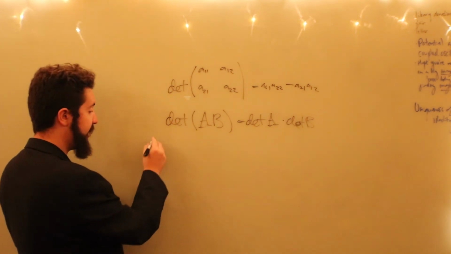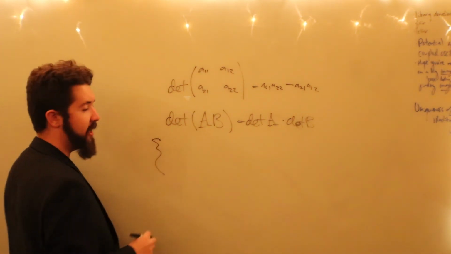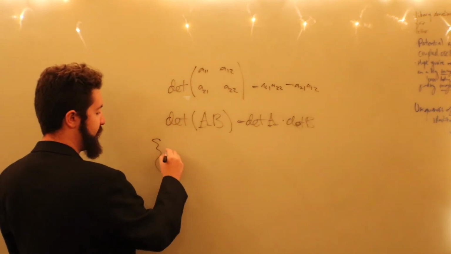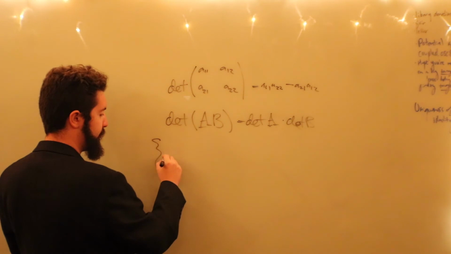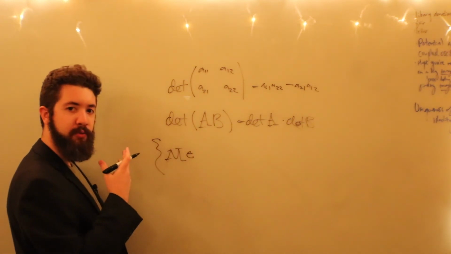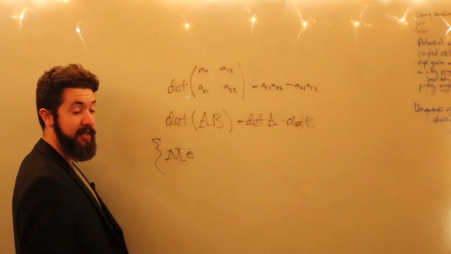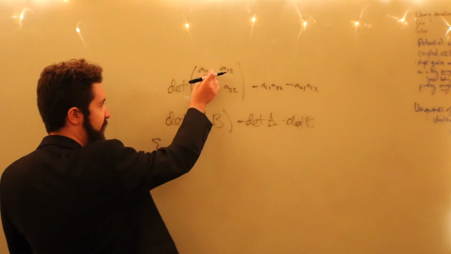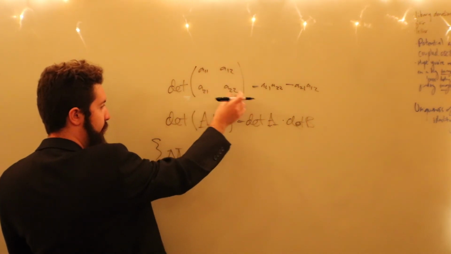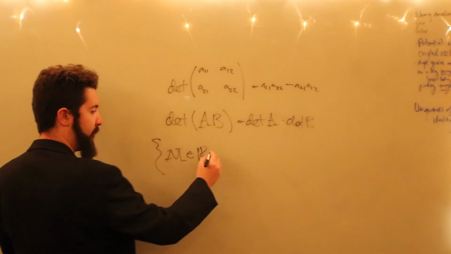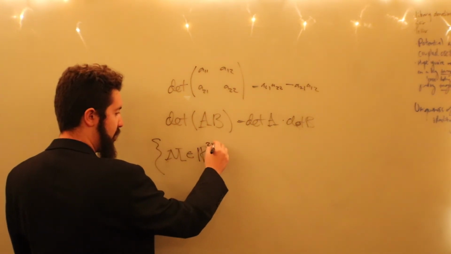All right, so if we take, in set builder notation, the set of all 2 by 2 matrices M, we'll just use real valued matrices as an example, but it could be complex valued. So you could have a complex number, a complex number, a complex number, a complex number. But just for kicks here, we're going to say this is R 2 by 2.